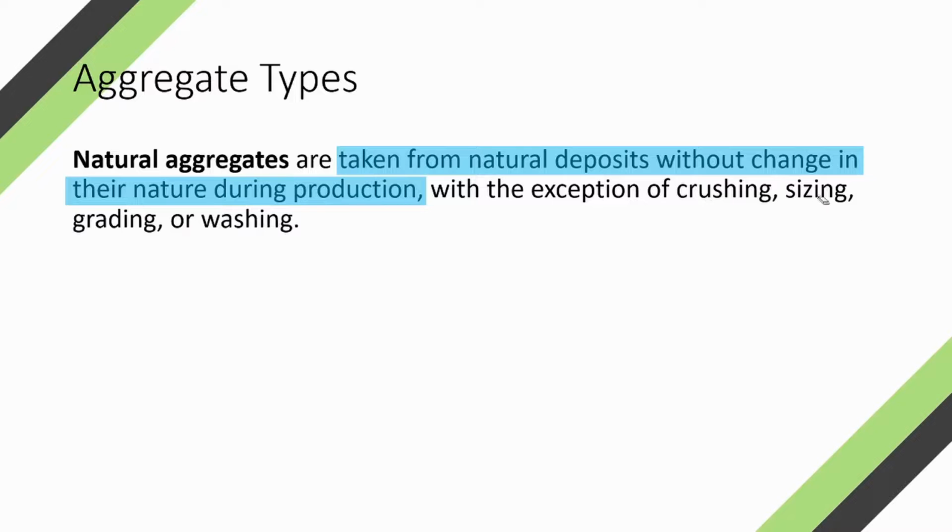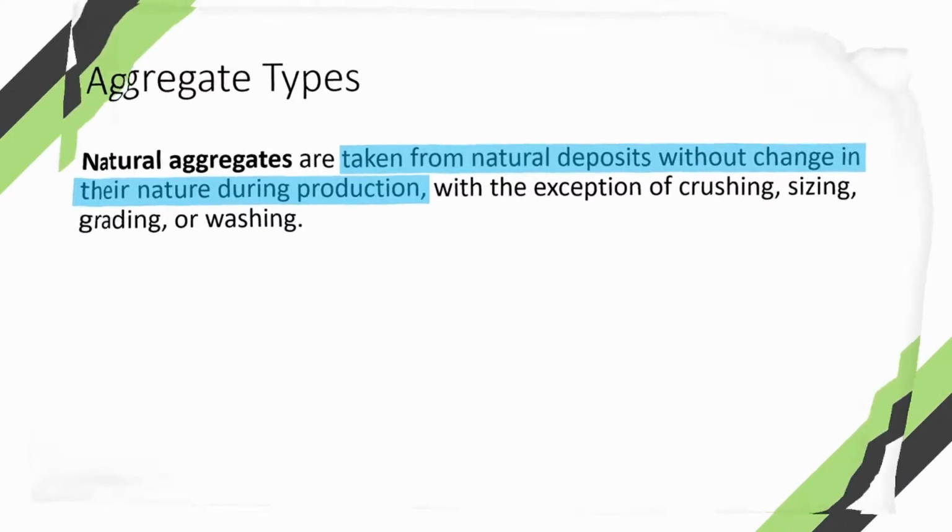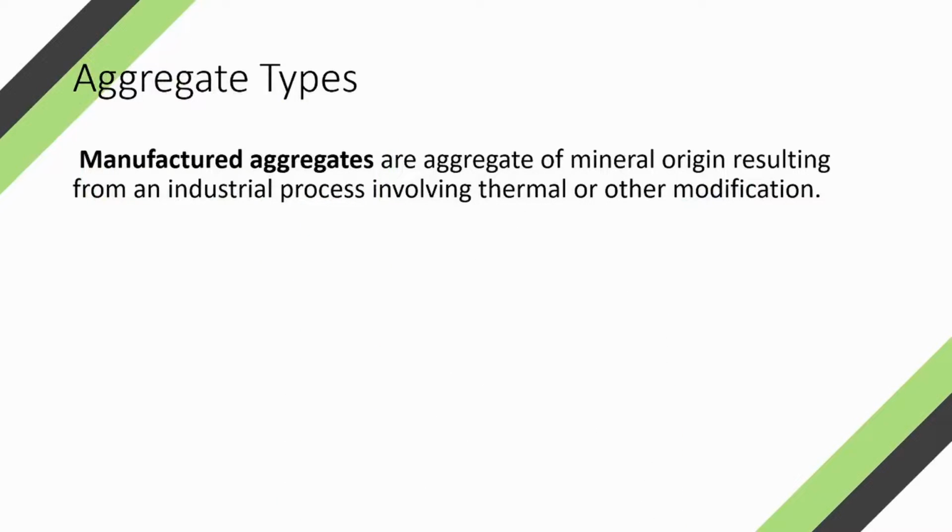Kapag naman, ang tawag naman natin sa kanya is manufactured aggregates kapag the aggregate of mineral origin resulting from an industrial process involving thermal or other modification. Kapag meron na tayong thermal modification sa ating aggregate or any other industrial process, it is already called a manufactured aggregate.